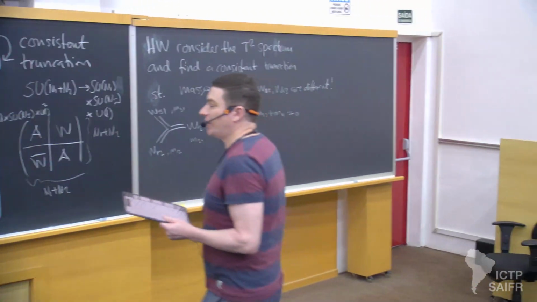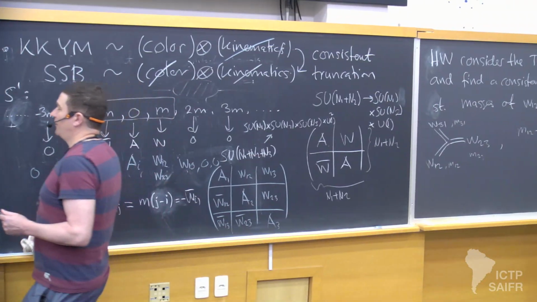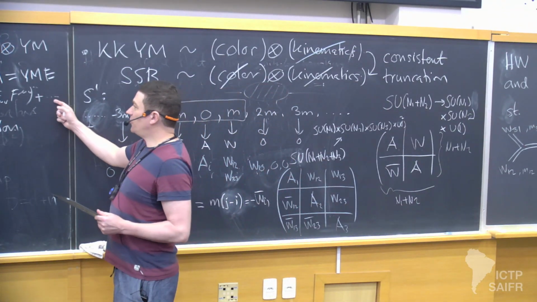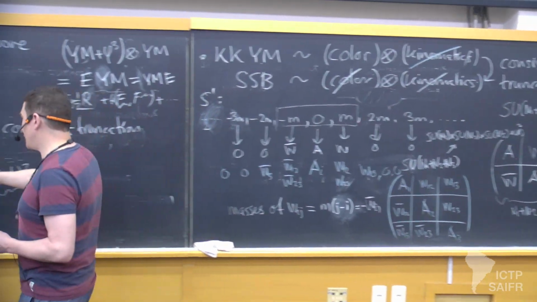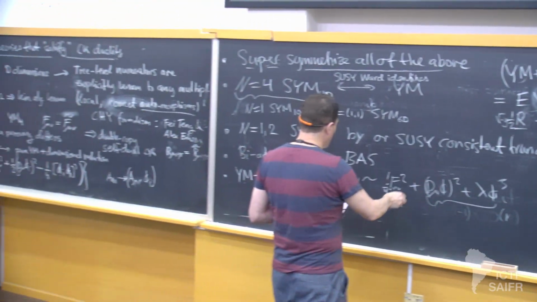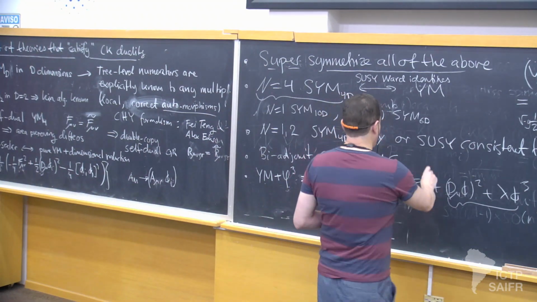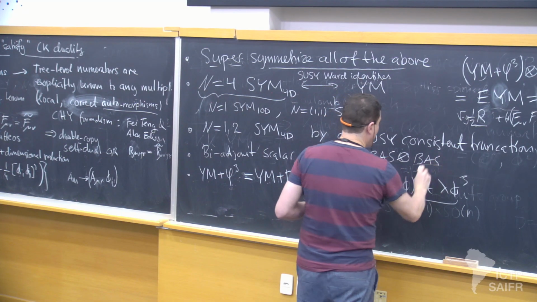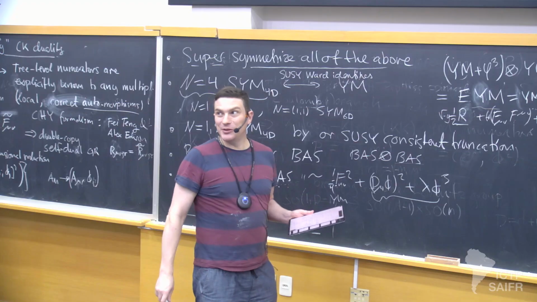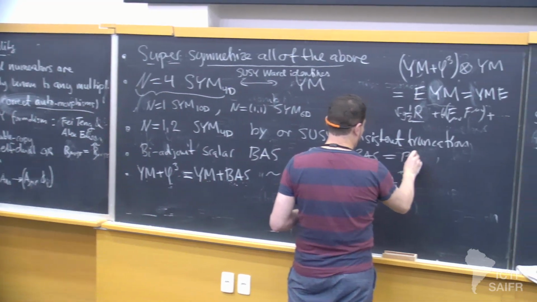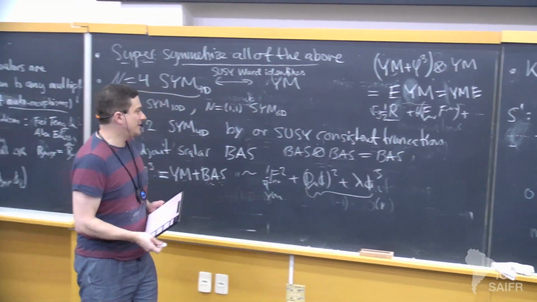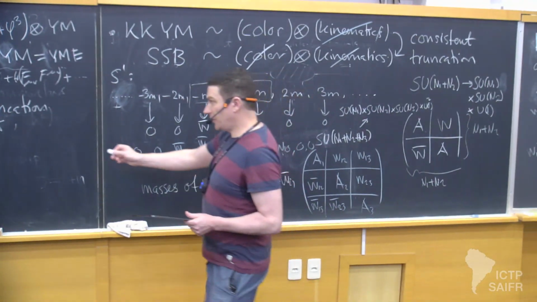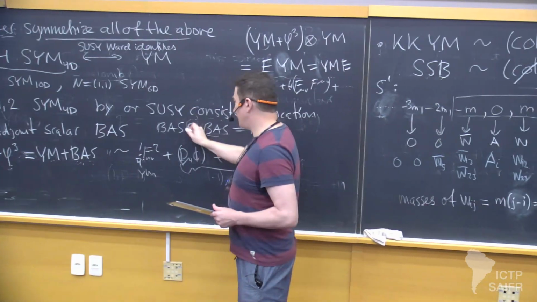If you do it on both sides, then you get some non-physical theory. So maybe I should state what is the bi-adjoint with the bi-adjoint. What is BAS times BAS? I think many people in the audience know what it is. It's BAS. Essentially the bi-adjoint scalar is the identity operator, or another way to think of it, this thing is the inverse of this product.